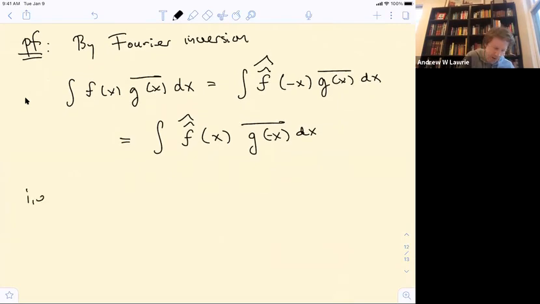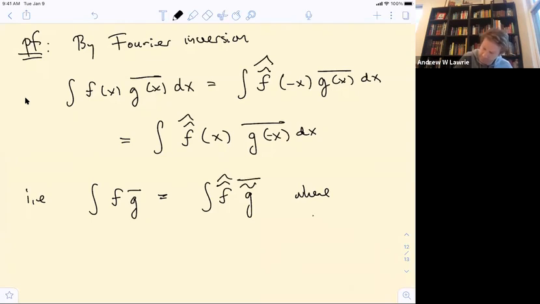So f g bar is equal to f hat hat times g twiddle bar, sorry. What am I doing here?